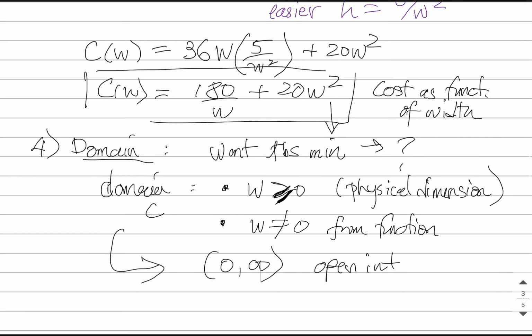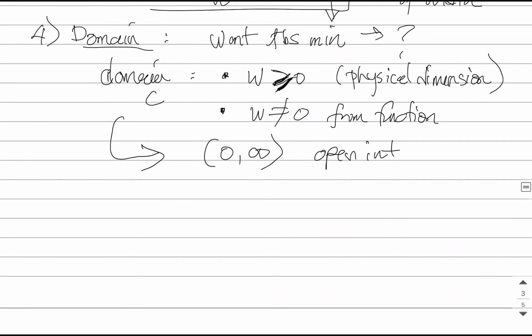You can't be at 0, but you could conceivably have any width you want. Now, practically, you can't do that. You can't go to the Home Depot and buy a slab of marble that's 10,000 kilometers long. It's not possible. How are you going to fit it into your car? Because of this, we are going to use this modified first derivative test that I discussed earlier.